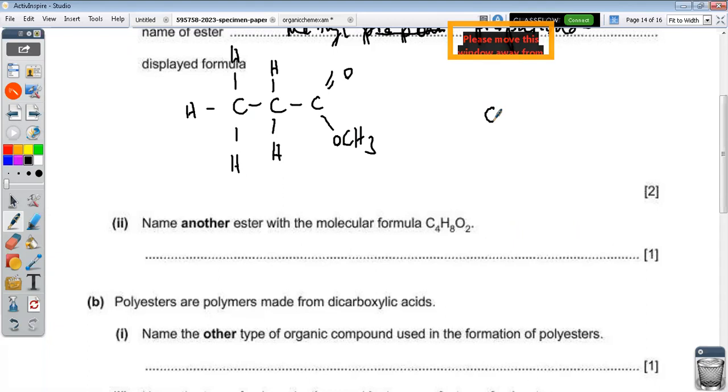So let's see, CH3, 1, 2, 3. Name another ester with the molecular formula C4H8.